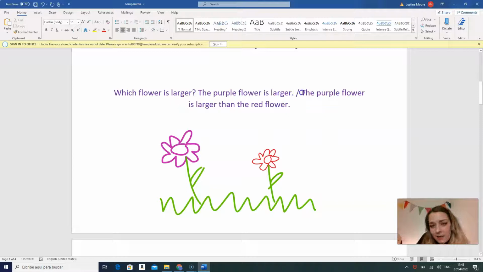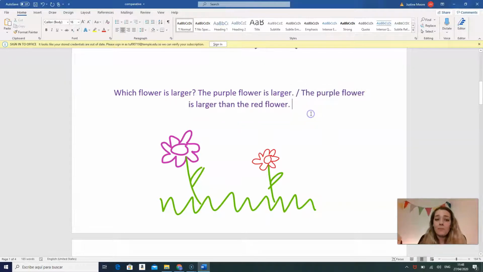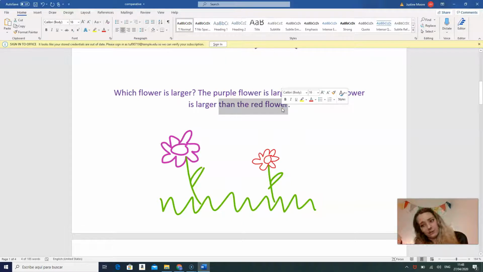This is a more complete sentence, but both are okay. We need than if we're going to talk about both the red flower and the purple flower. But if we're just saying the purple flower is larger, that's okay.